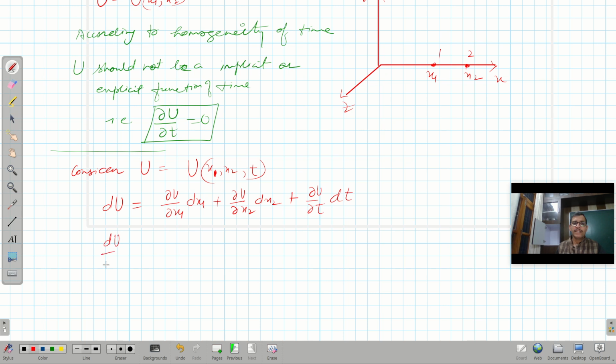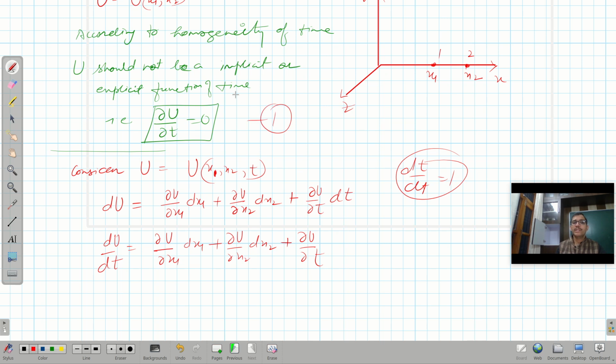So if I try to find dU/dt, then this can be expressed as ∂U/∂x1 dx1 plus ∂U/∂x2 dx2 plus ∂U/∂t, because dt upon dt is 1. But according to homogeneity of time, U is independent of time, so because of this equation number 1, this part will be equal to 0.